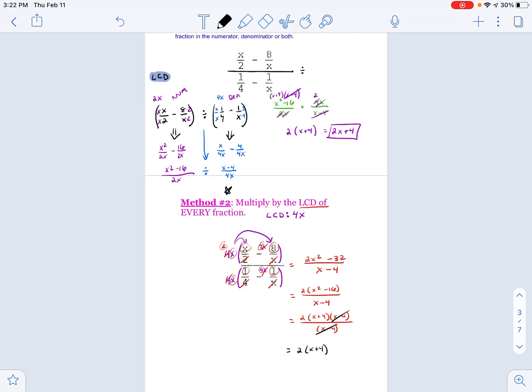Whereas the first method that we did above is a little bit more complicated because you have to work with the numerator fractions, denominator fractions, and multiplication of fractions. It's a lot fewer steps to follow this method. So I encourage you to do method 2. Multiply by the least common denominator of every single fraction so that we cancel things out and have simple simplifications.